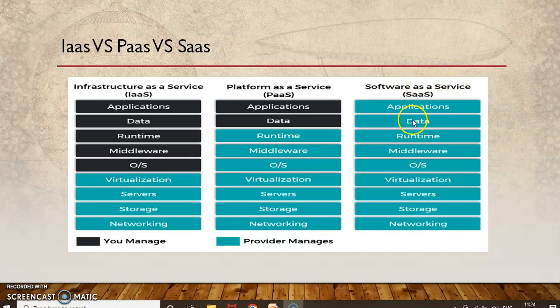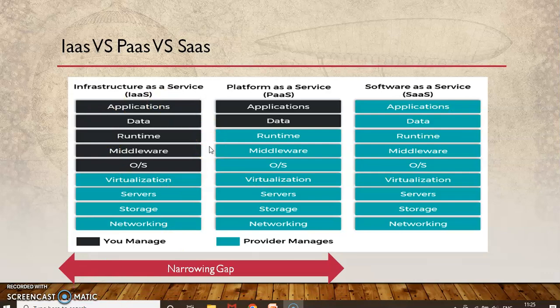That's where software as a service differs. Even the application is developed by the vendor, so the application part is managed by the vendor, whereas all the data which you are supposed to create, the integrity and the trueness of the data, you are responsible for, because they don't enter any kind of data in the system.